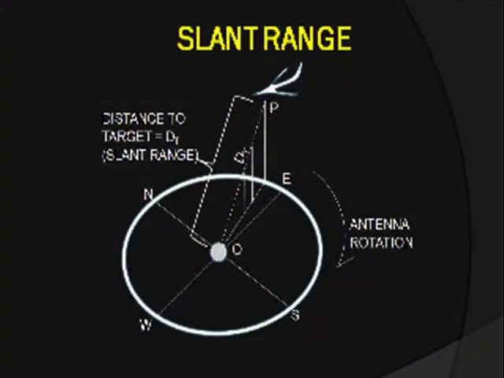Before we go to the details of this tracking radar, let us first understand the new term, that is slant range. From the figure, you can see the inclined distance from the antenna to the target is known as the slant range, and as the antenna is rotating, you can see there will be some change in this value.